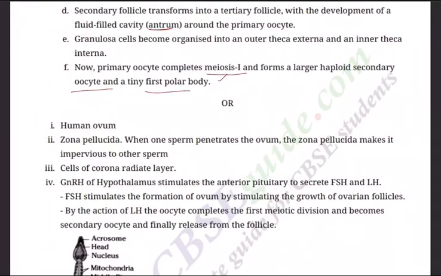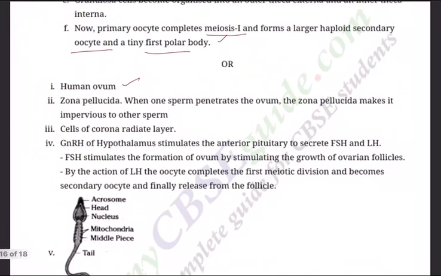And the choice is: study the illustration given below and identify A. Name and state the function of C. Identify D. Explain the role of hormones in the formation and release of A. Draw the diagram of B separately and label the parts that help its entry into A, that carry genetic material, and that help in its movement.